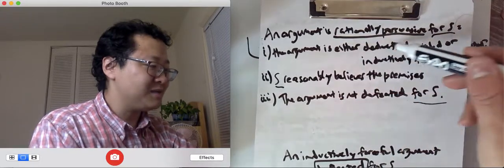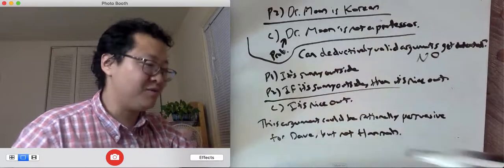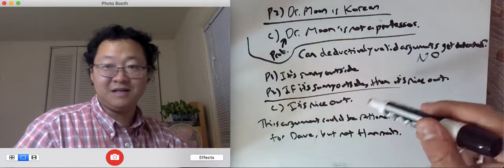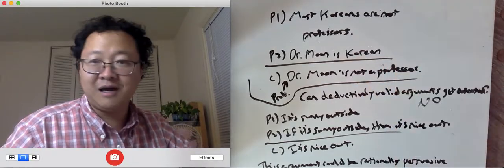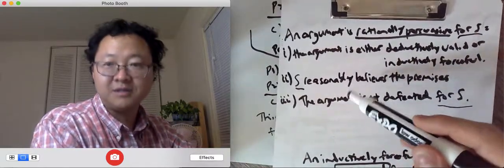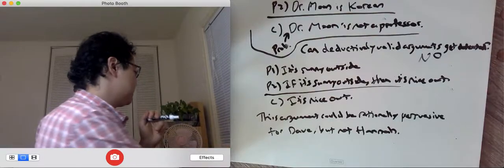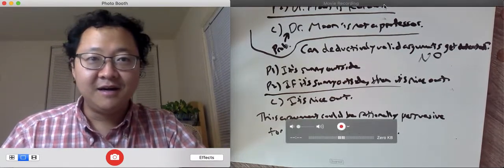This part, the argument is either deductively valid or inductively forceful, is not person relative. Whether this is modus ponens or valid, that's not person relative. Whether this is inductively forceful, not person relative. So condition 1 here is not person relative, but these other parts are. With that, we'll keep digging in in the next video.